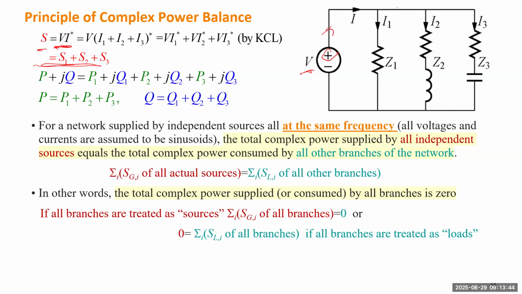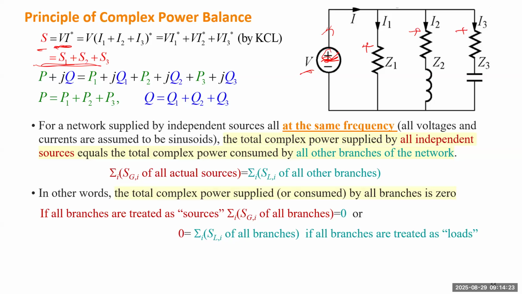For anything else, we treat them as loads, so we need to utilize the current coming into the positive terminal, because here we define this as positive, so we also assume this terminal is higher than the other one. We utilize the voltage multiplied by the conjugated current coming into that positive terminal, and we put that on the right-hand side. So this equation has to hold. That's the complex power balance law.